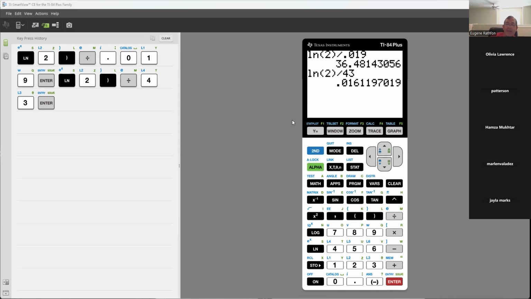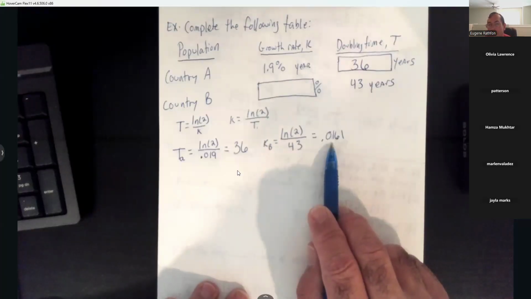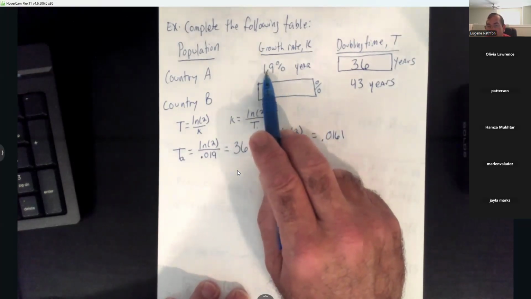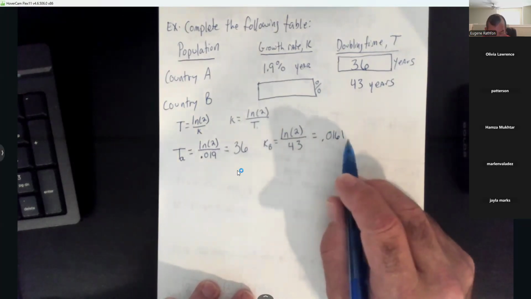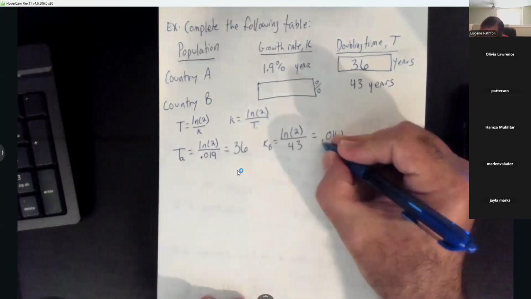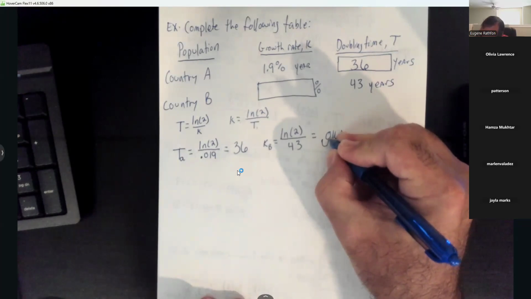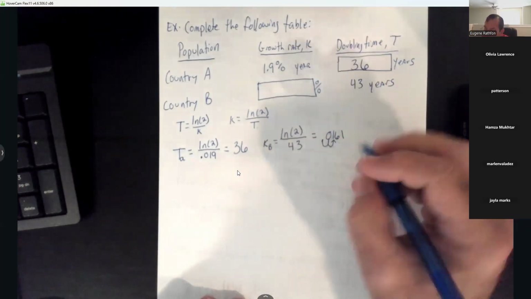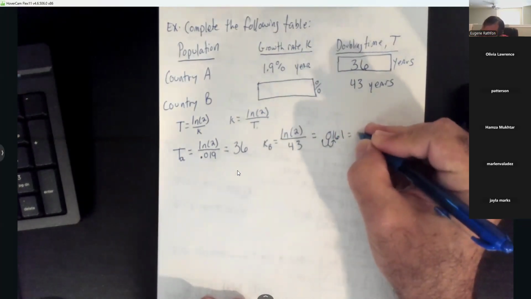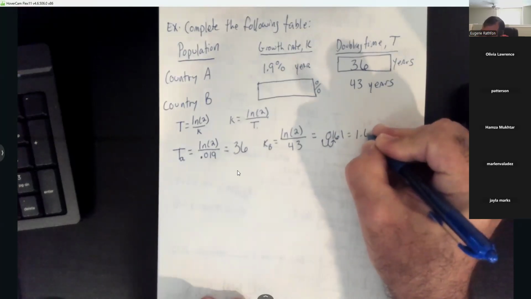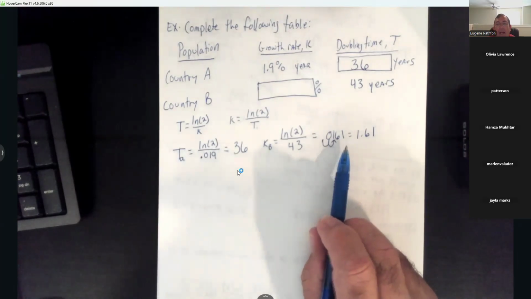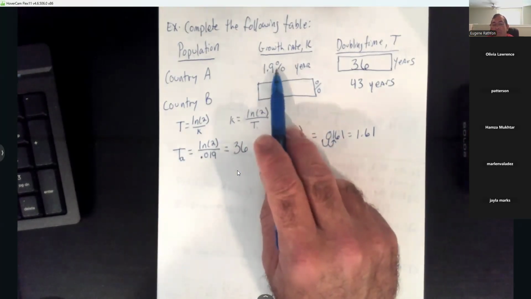What you got to think of is that this is the decimal form of that answer. I need to turn it back to percent. To turn this decimal back to percent, I'm going to move the decimal right 2 units. That gives me 1.61, but remember, I only want to go one decimal place.